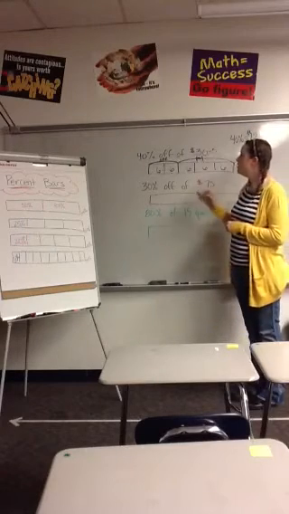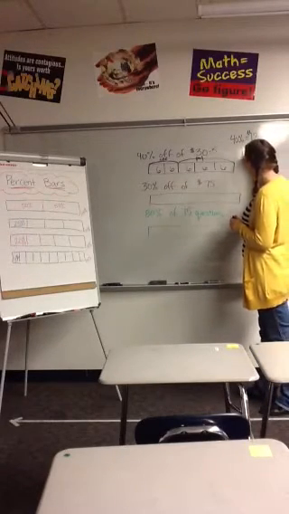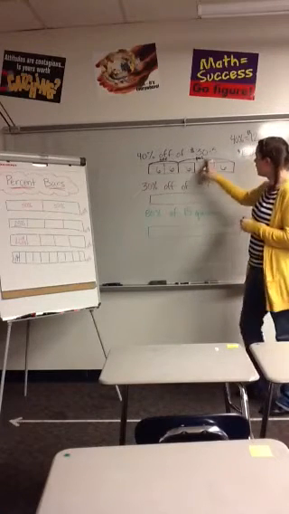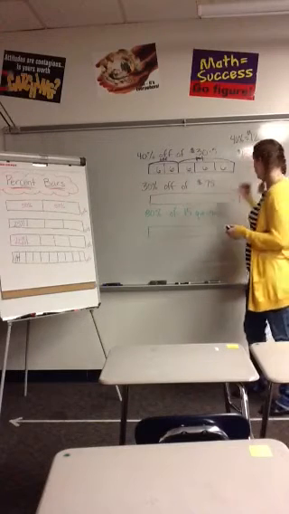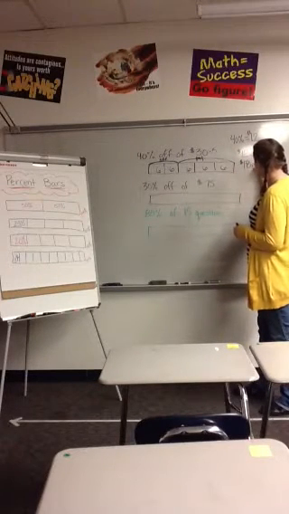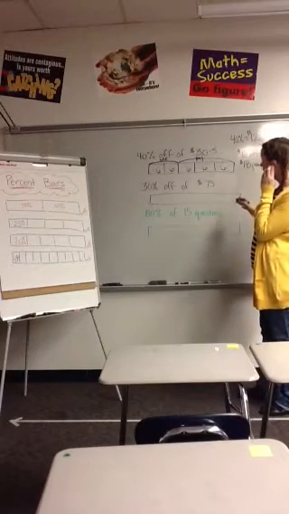So I have $12 off of $30. And if 3 boxes represents the amount that I'm going to pay, 6 times 3 is 18, so I'm going to pay $18. All right, so let's move on to the next one.